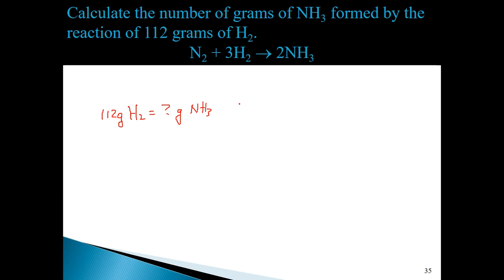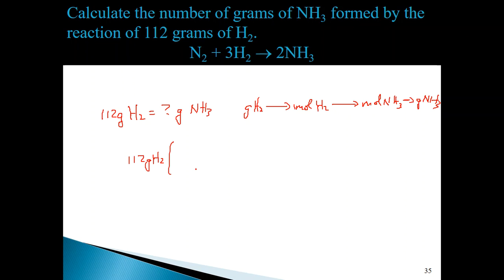So the way you go about this is that you start with the grams of hydrogen, convert to moles of hydrogen, moles of H2, then you convert from moles of H2 to moles of ammonia, and then from there you're going to convert to grams of ammonia. So as you can see here, you're going to need to employ 3 conversion factors in series in order to carry out this process. So we're going to start with 112 grams of H2.